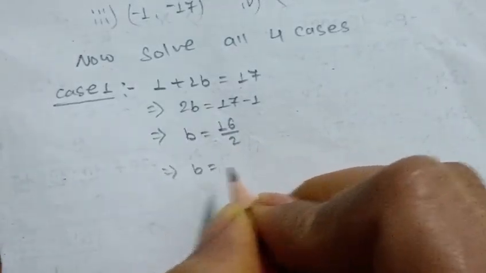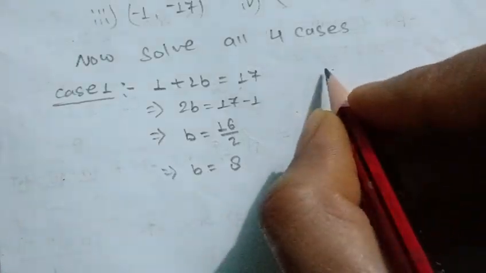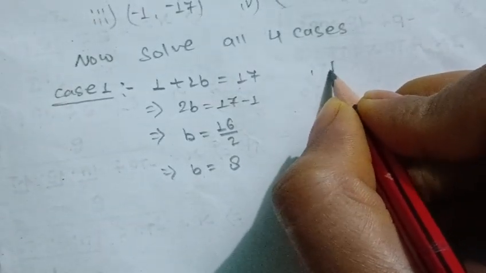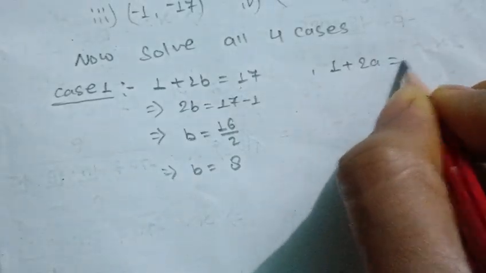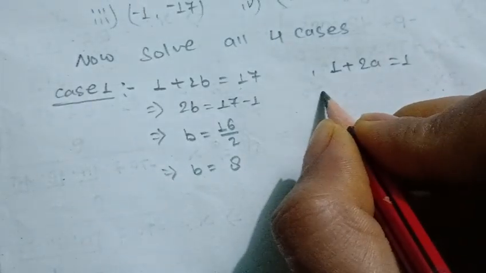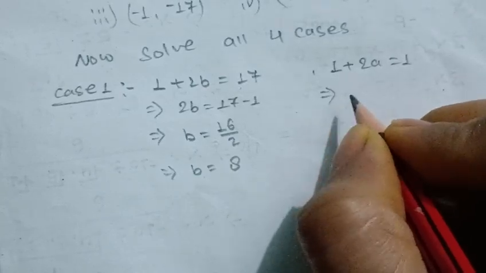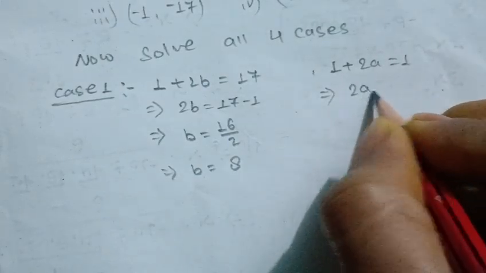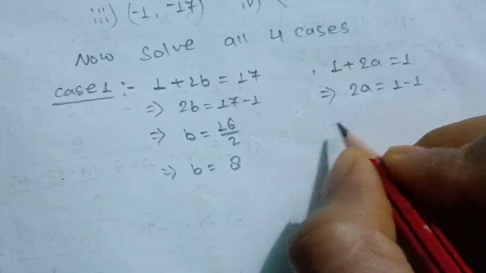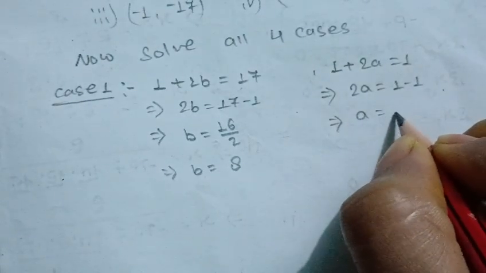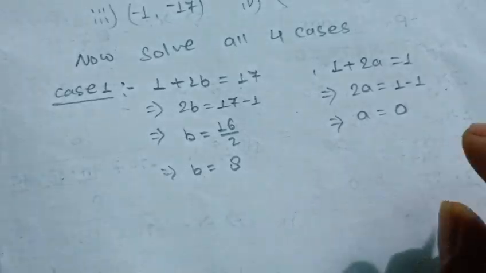So b is equal to 8. 1 plus 2a is equal to 1. a is equal to 1 minus 1, 0, so a is equal to 0.